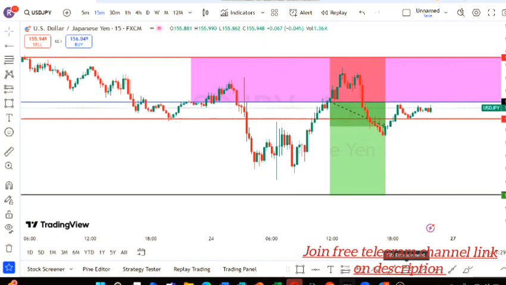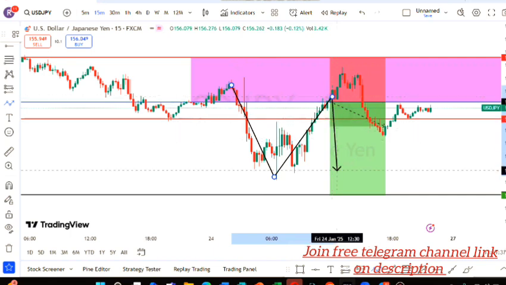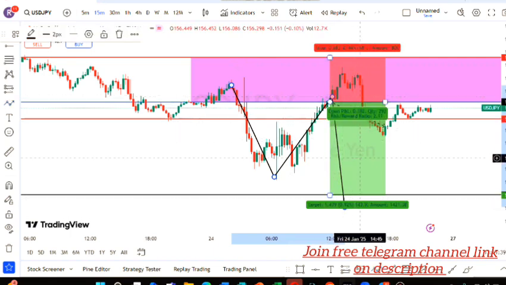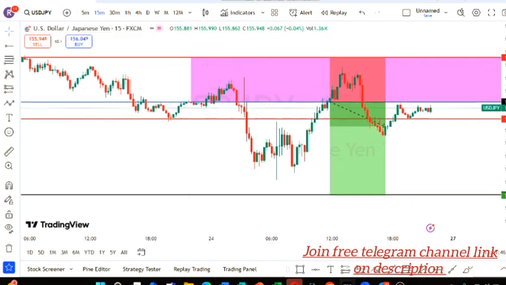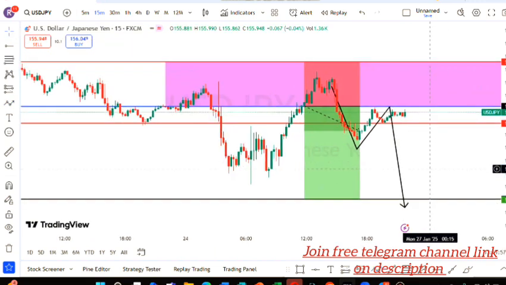I waited for this market to break out of this purple zone, then come here and retest, then continue with the sell move to the downside, because my overall trend was a downtrend. So right now we are still selling it. It has broken this zone, this is a sort of retest, then we continue with the sell move to the downside.